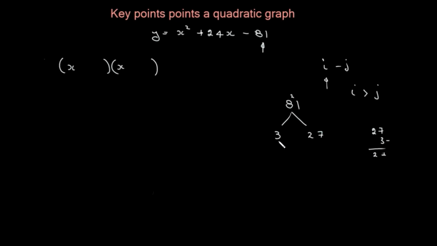So in fact what we've done now is we found the numbers that multiplied together would give me 81. And if we put them together like this, we get 24. That means 3 is negative. This is positive. So what we end up with here is minus 3 and that is 27.